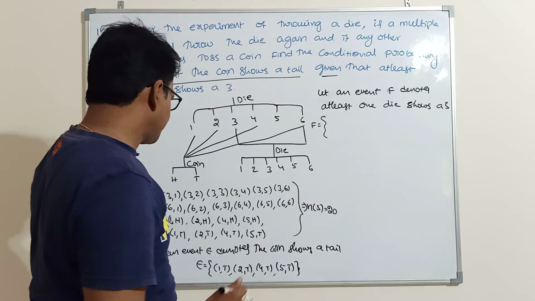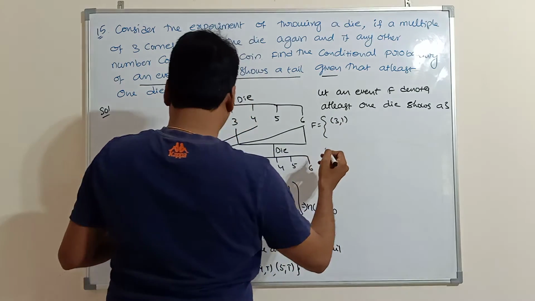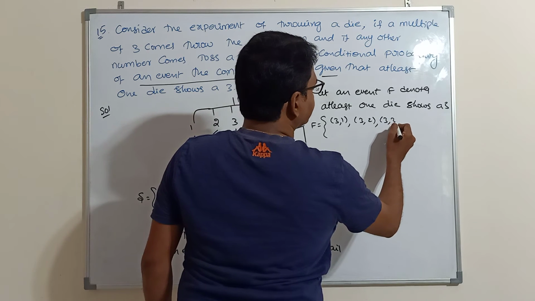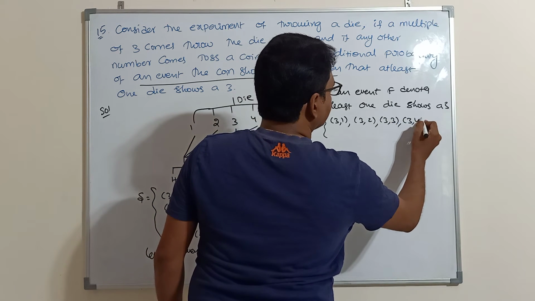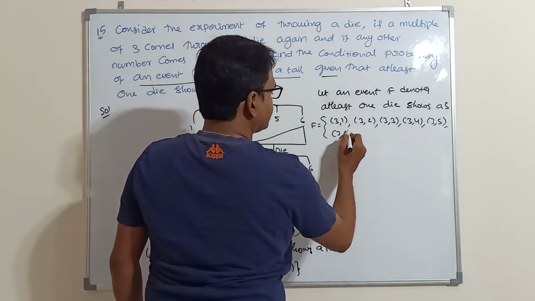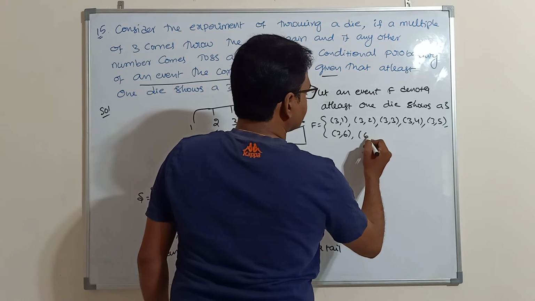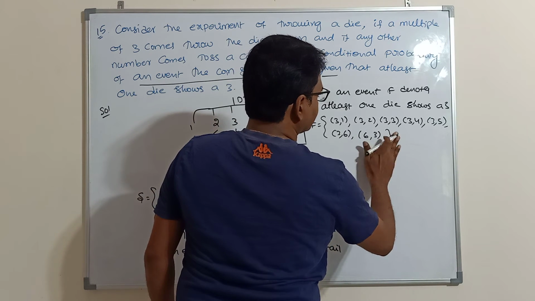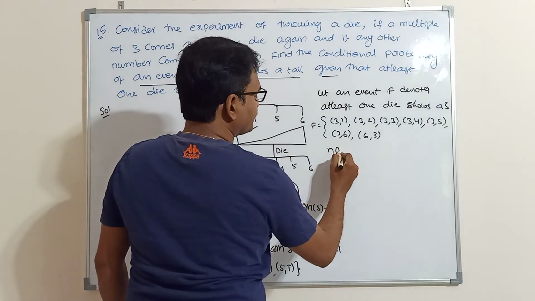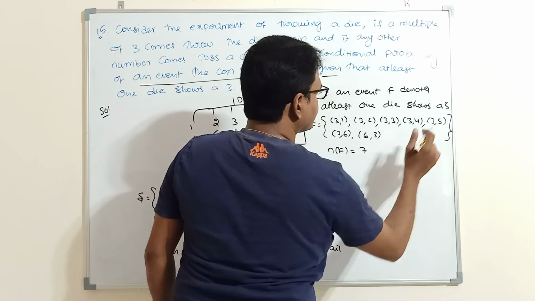At least one die shows 3 means (3,1), (3,2), (3,3), (3,4), (3,5), (3,6), (6,3). So the total number of sample points is 7. N of F is equal to 7.